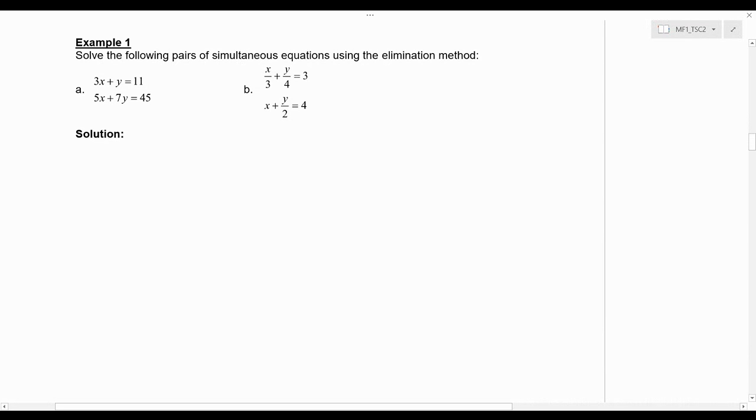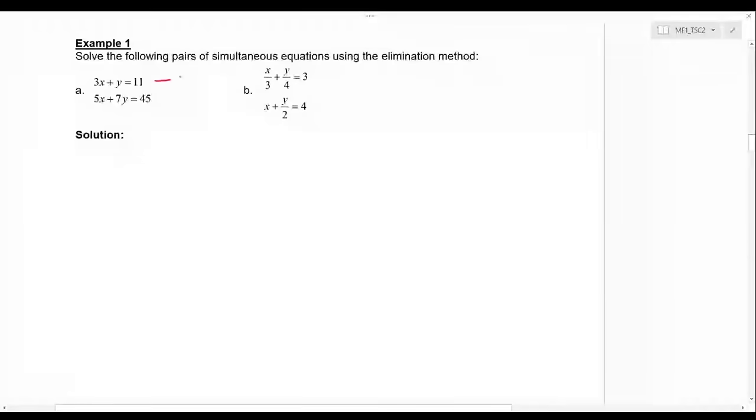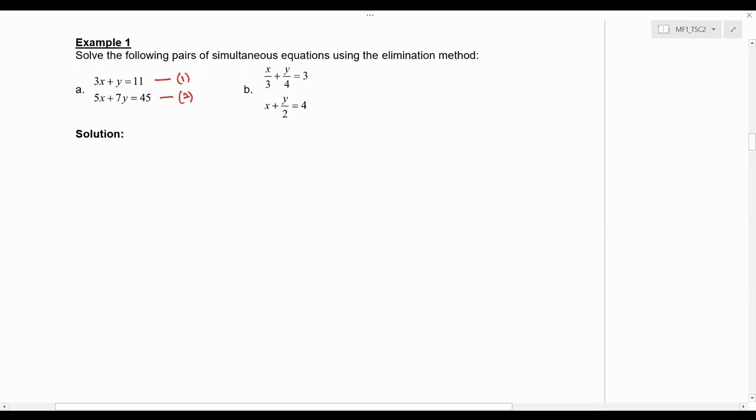In this case, if I multiply equation 1 by 7, I can immediately do an elimination. But if I choose to eliminate x, it's a little bit more troublesome because 3 and 5 are different.